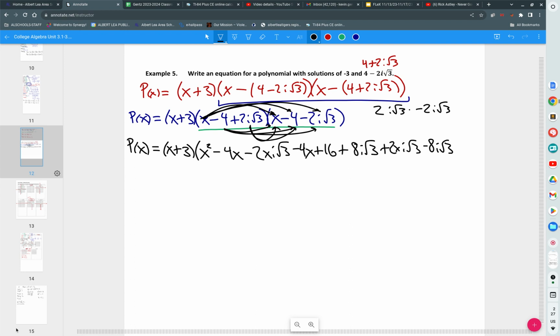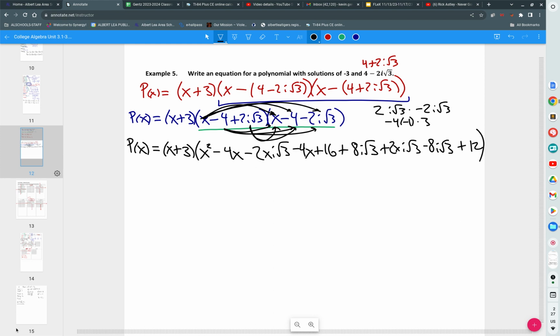What's negative 2 times 2? Negative 4. What's i times i? i squared, which is negative 1. And the root of 3 times the root of 3? 3. So you end up with negative 4 times negative 1 times 3, which is 12.